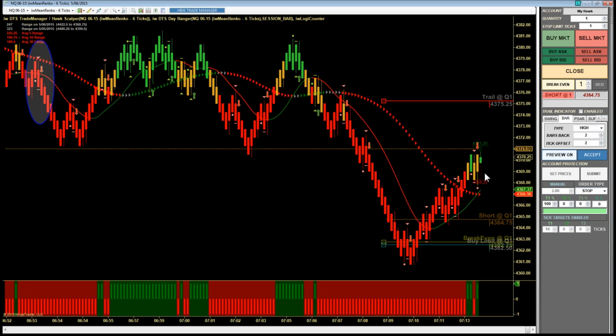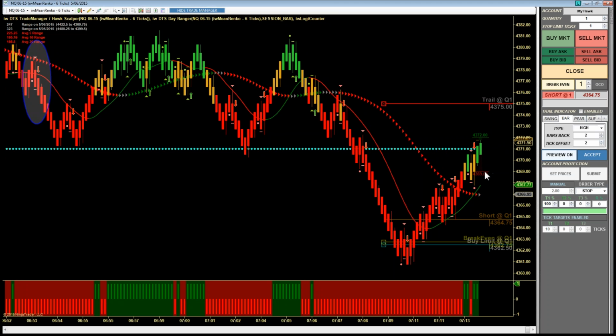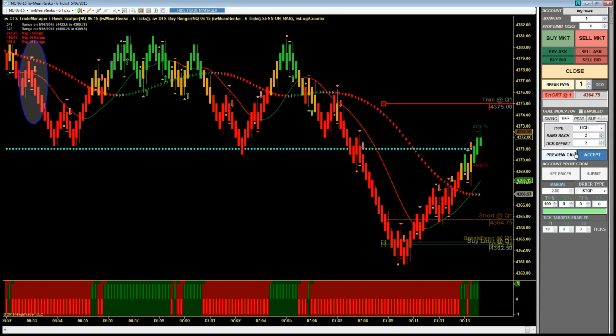Oh, you're not even going to give me one bar? So this is my stop strategy. I've gone with the bar high-low, which is the most aggressive stop strategy we have. And I'm hoping that the bar is going to tick lower here so that I can show you how it automatically rolls the stops.